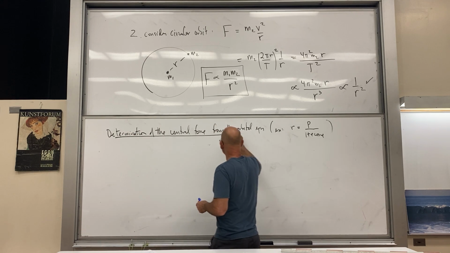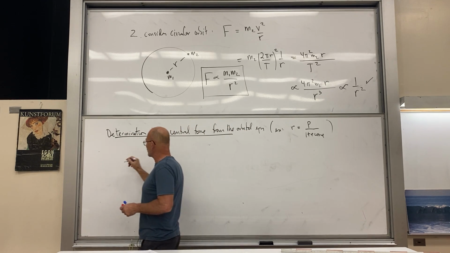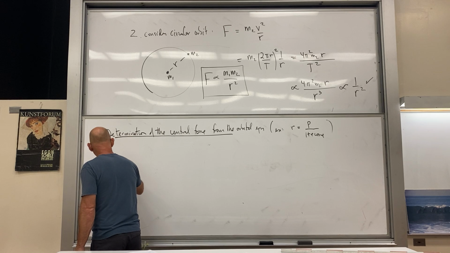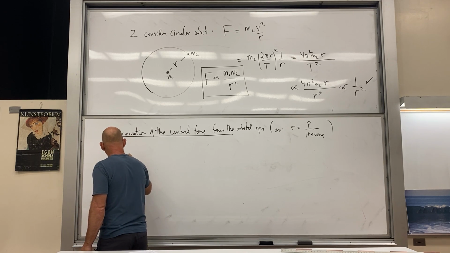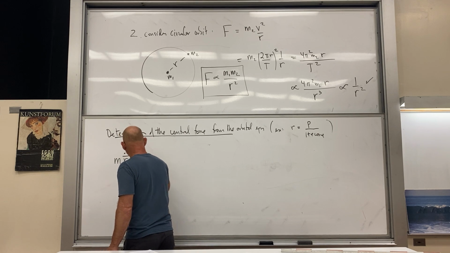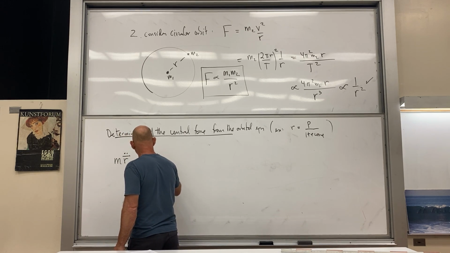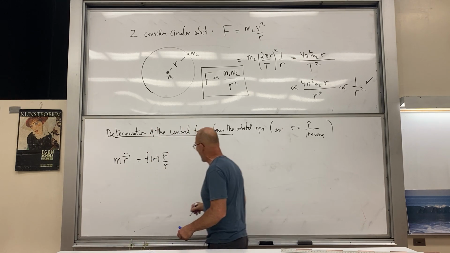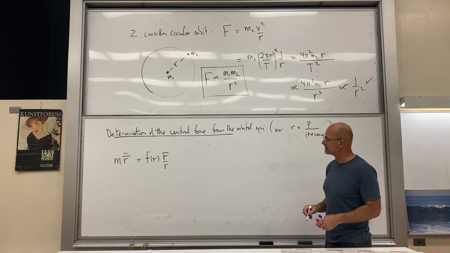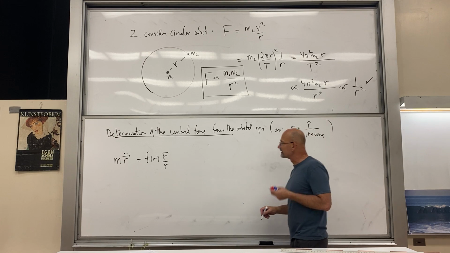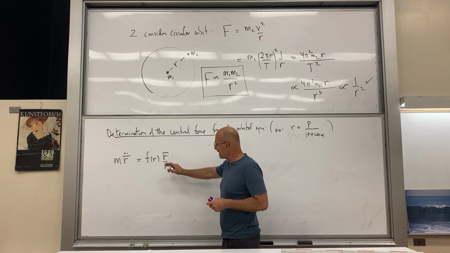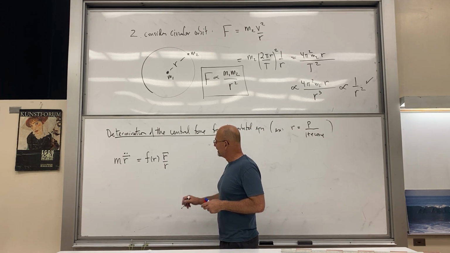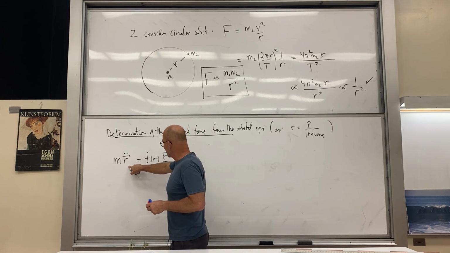So what we do this time is we start with Newton's law of motion in the following form. So m r second derivative is equal to f of r times r hat, r unit vector. So that defines a central force, and what we have to do next is express this in terms of plane polar coordinates.